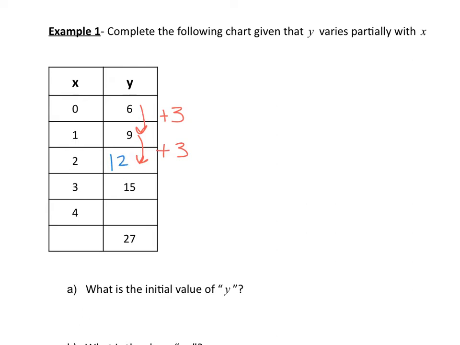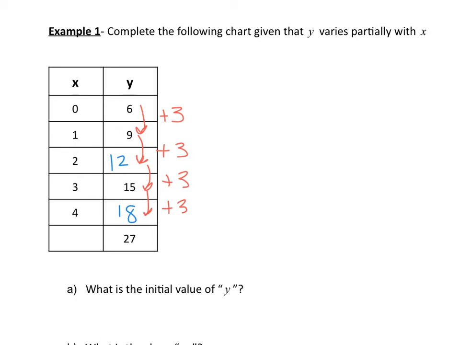We know that this is correct because if we follow the pattern to the next row and add 3, we know that 12 plus 3 is 15. So we're going to repeat the pattern again, and 15 plus 3 is 18.